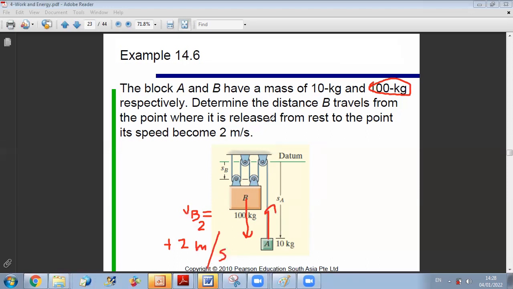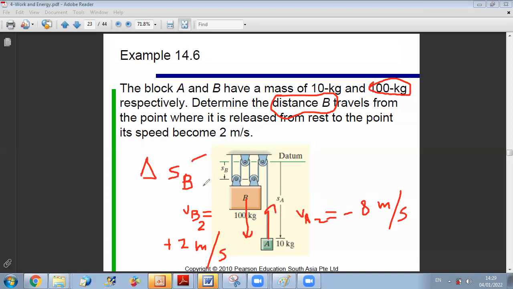And you found a relation between VA and VB. So VA2 is minus 8 meters per second. Now you know the velocities, which is good. What you want to find is the distance moved by B, so delta S of B. This is your unknown.